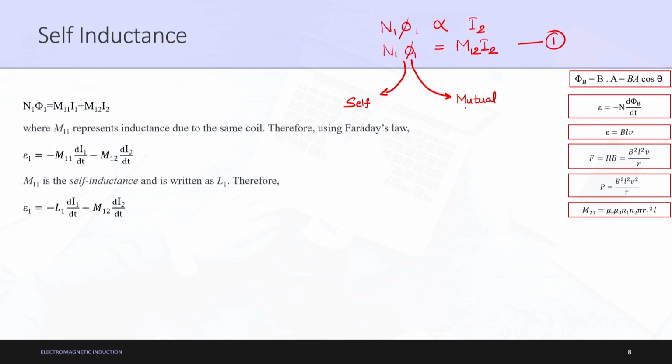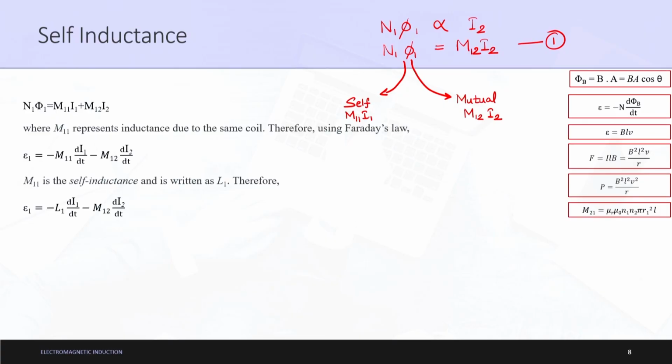So, what will the mutual be? Mutual will be nothing but M12 I2, and what will self be here? Self will be denoted by M11, because it is the inductance in coil S1 due to coil S1, and the current will be produced in I1 only.